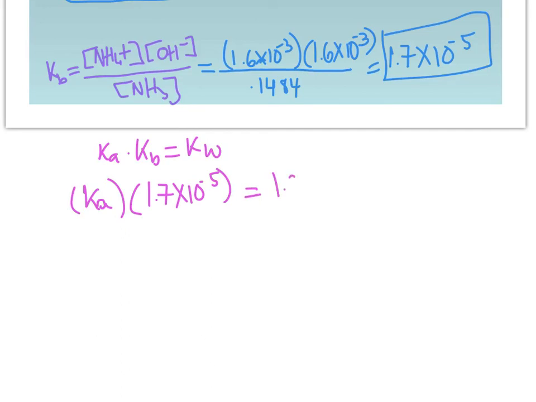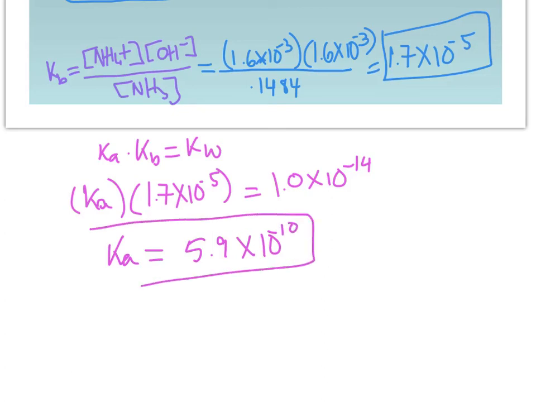And Kw is 1.0 times 10 to the negative 14. And so I take 1.0 times 10 to the negative 14 divided by 1.7 times 10 to the negative fifth. I end up with Ka for the ammonium ion being 5.9 times 10 to the negative 10th. And that's my answer.